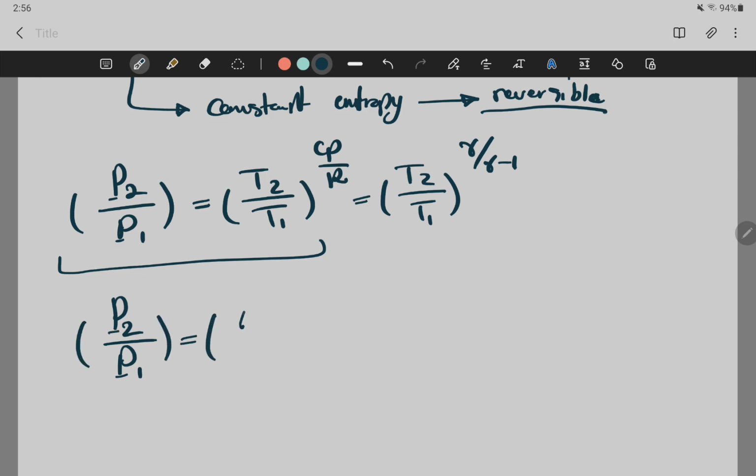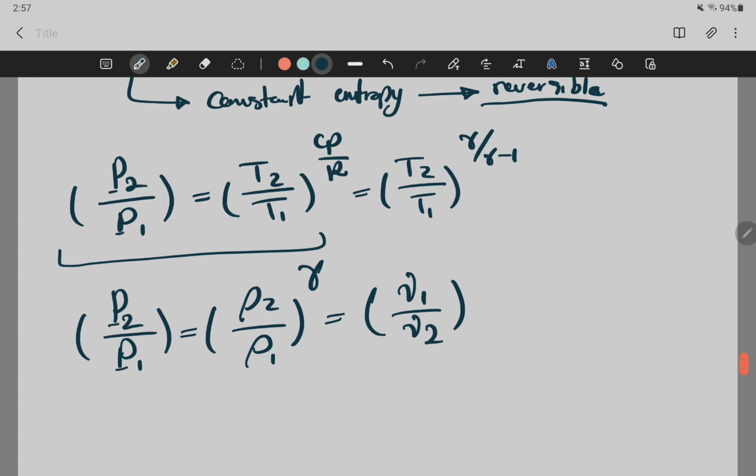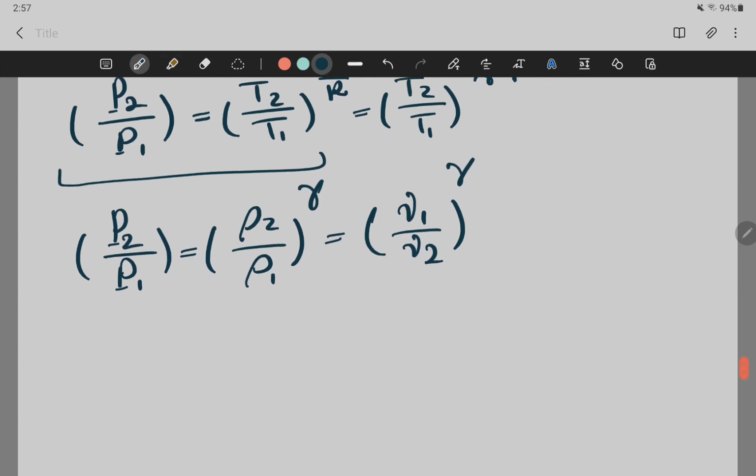We can have a similar relationship for densities, to the power gamma, or we can write this in terms of specific volume, which is V2 divided by V1 to the power minus gamma.